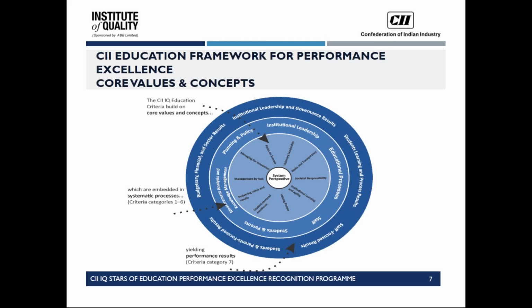The next value that should be found in all successful institutions is managing for innovation. Innovation means making meaningful change to improve the institution's educational programs and services, educational processes, and business model with the purpose of creating new value for stakeholders.